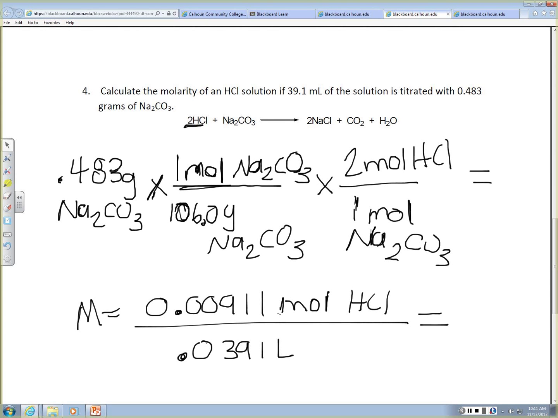Final answer is what? What's the molarity of the acid? Yep, so we get 0.233.